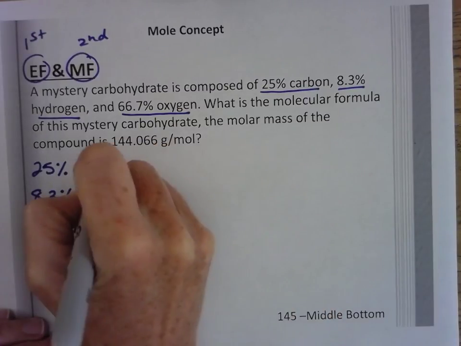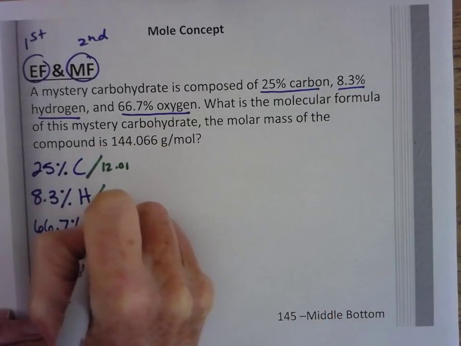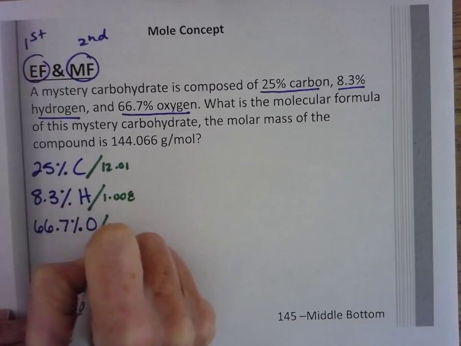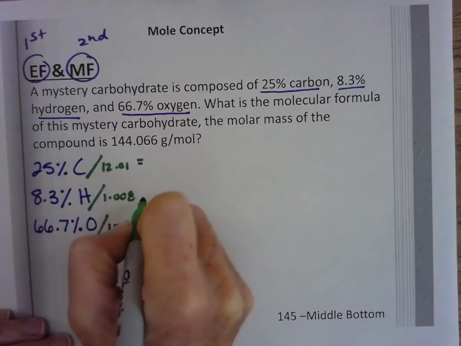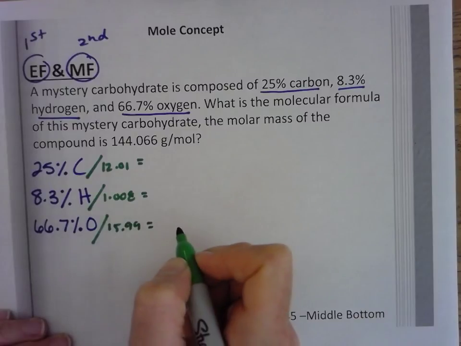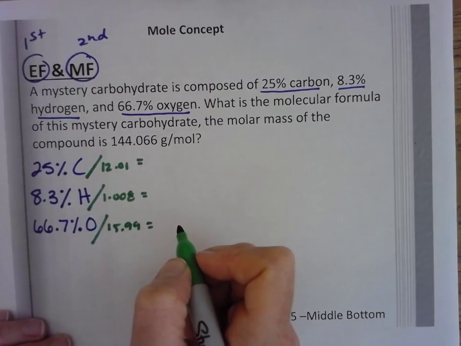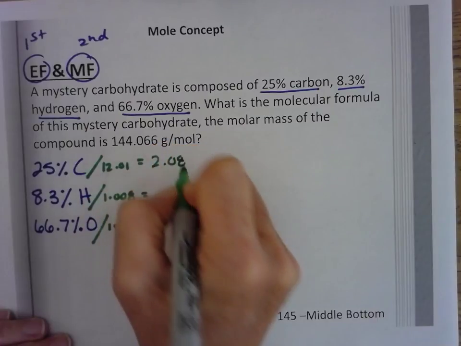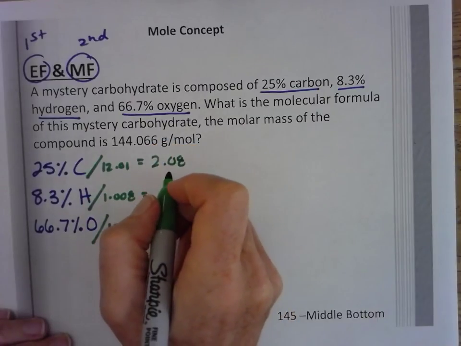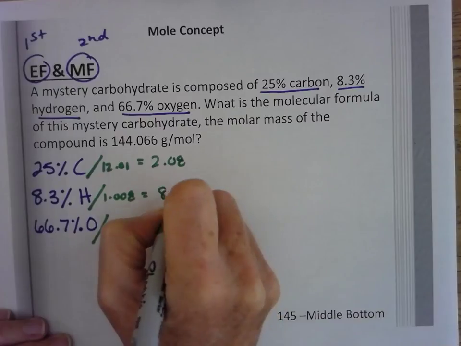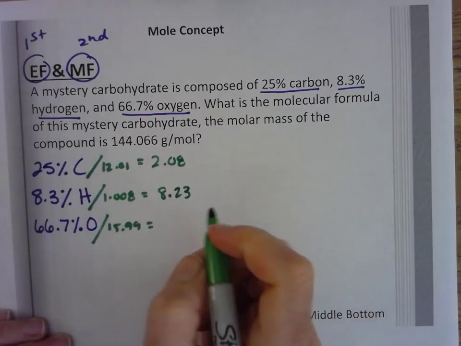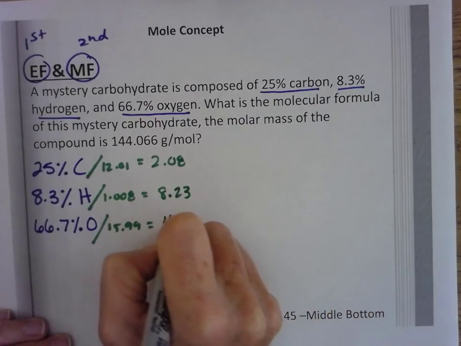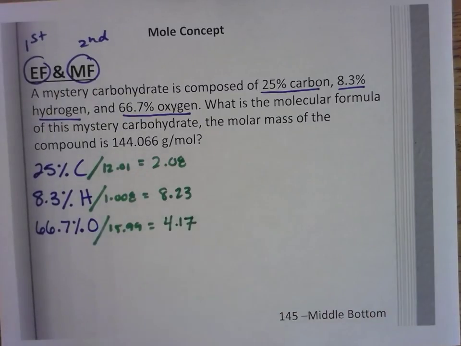Here are the atomic masses, and that is the first step. It's good to go out two places here: 2.08, and then I got 8.23 and 4.17. That's the first step.